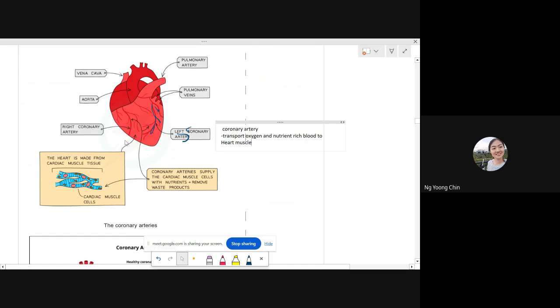This cardiac muscle tissue is only found in the heart, but not in other organs like the liver and kidneys. Other internal organs are made from another muscle type, smooth muscle cells, like the stomach and the esophagus.